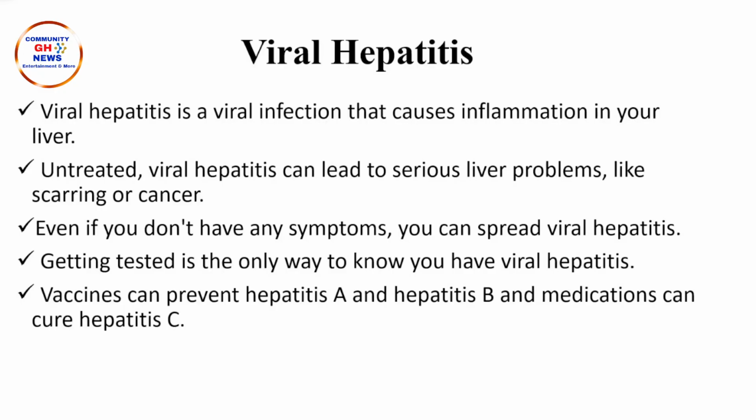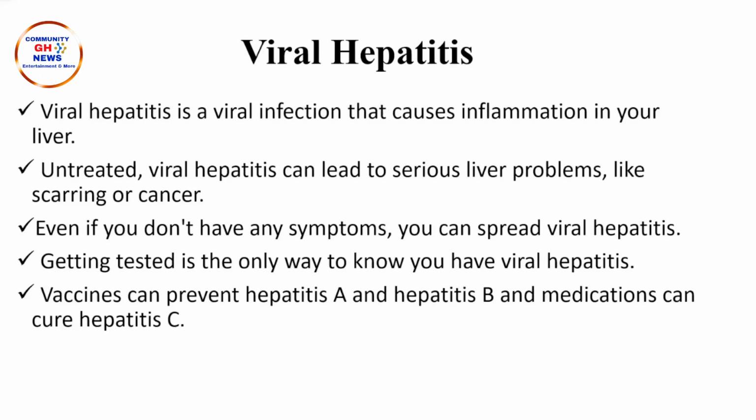So you have to be testing for that. At least if you are working at a place where you think there's a high risk of contracting it, you have to be checking at least once a year, just to rule out hepatitis B or C.